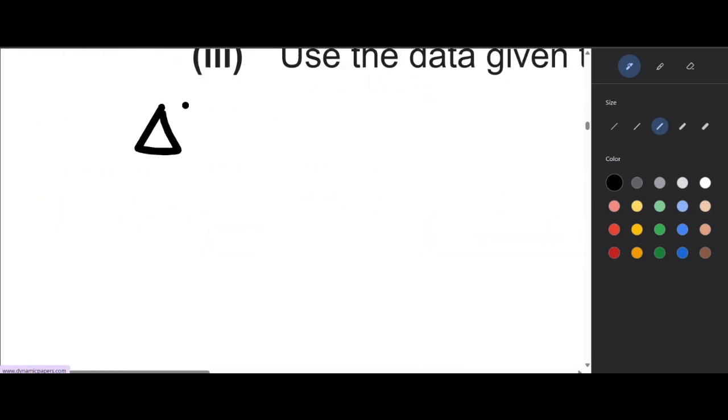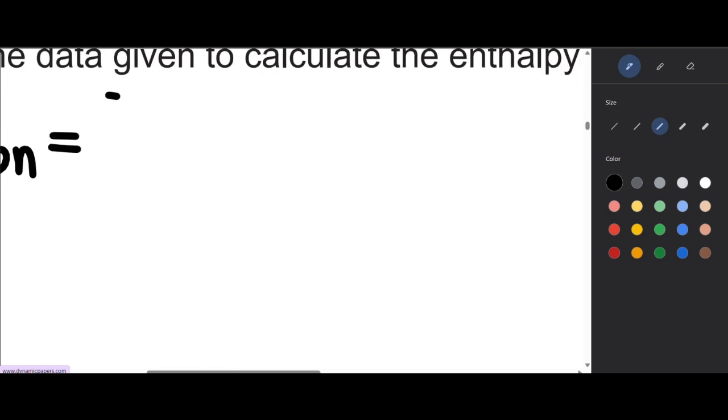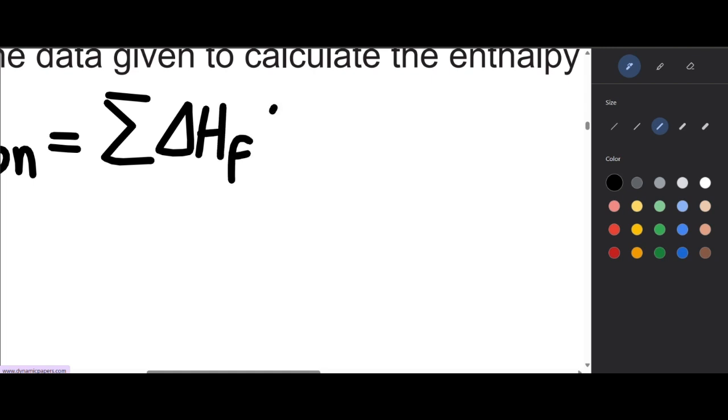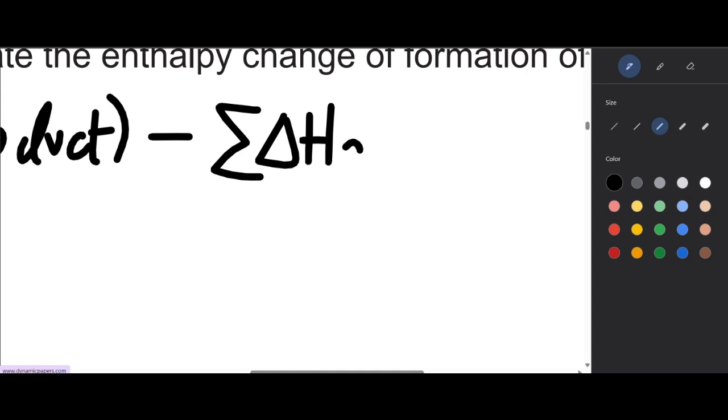So the formula is delta H reaction is equal to the enthalpy change of formation of the products minus the enthalpy change of formation of the reactant.